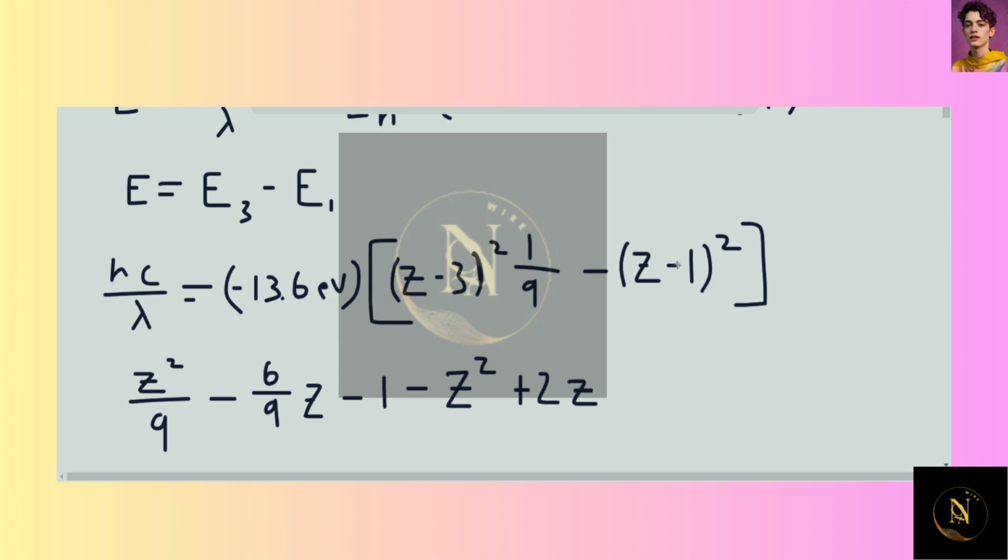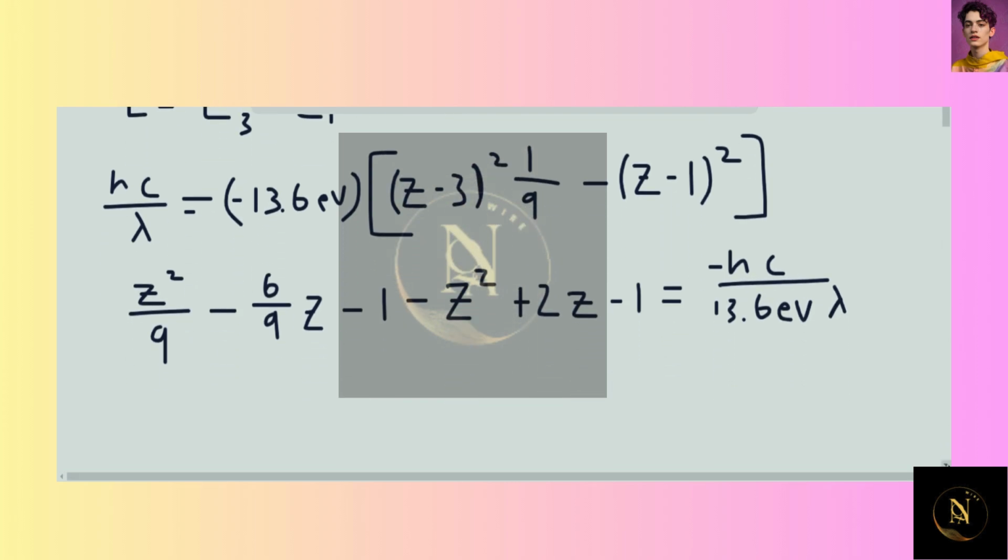The last one is negative 1 times negative 1, which is 1, and with the negative sign out front becomes negative 1. All of this is equal to hc divided by negative 13.6 eV times lambda. There is a negative sign, so we don't want to forget that.